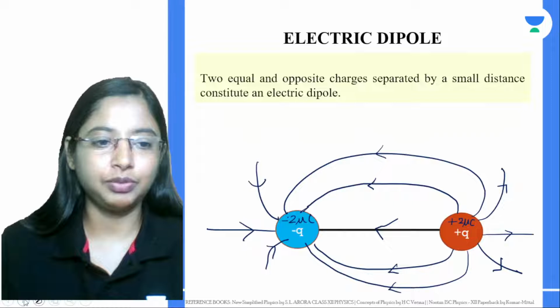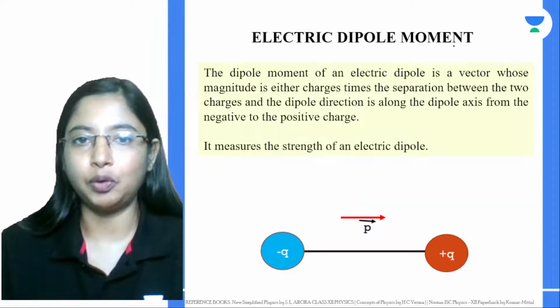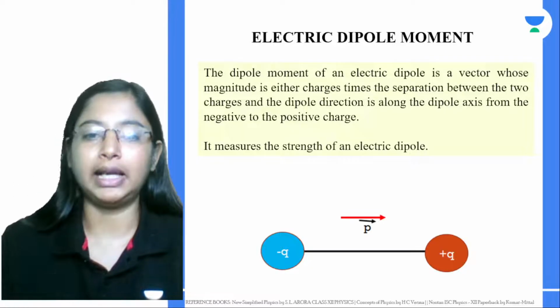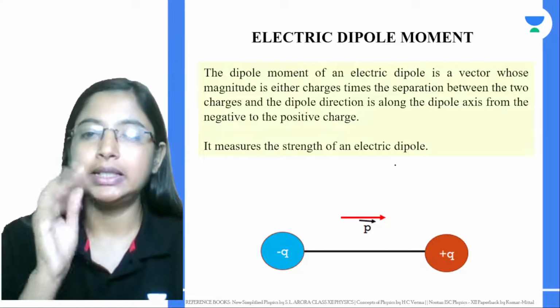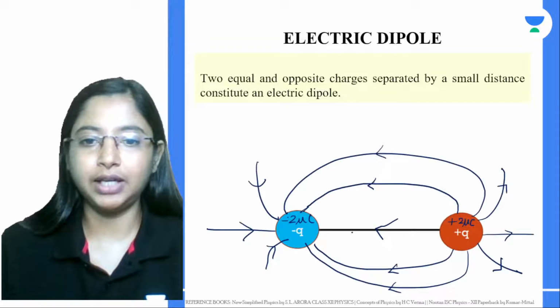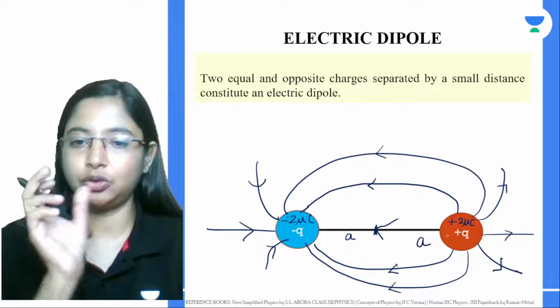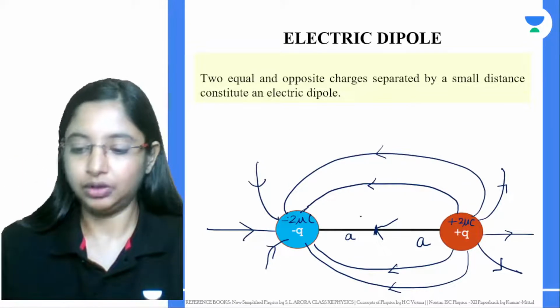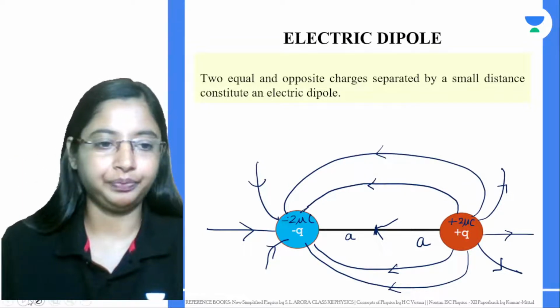Now the next concept you need to see is the electric dipole moment. The electric dipole moment is very simple: it gives you the strength of your electric dipole, and it is a vector quantity. Why? If you take two charges and separate them, and the distance from the center to one charge is a, then the distance between them is 2a. These two charges of equal magnitude separated by a distance make an electric dipole.